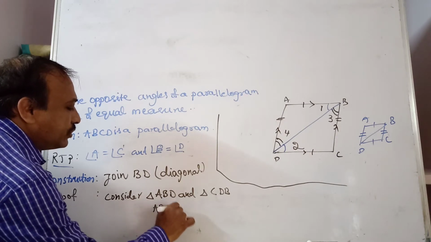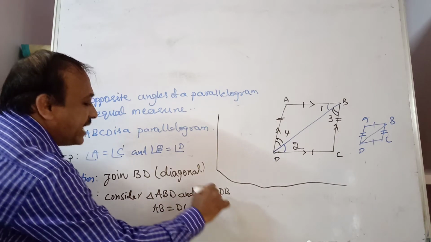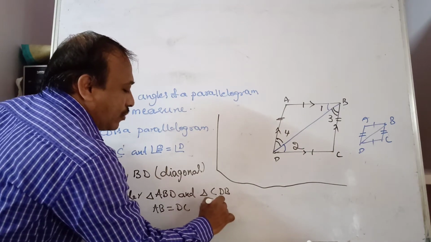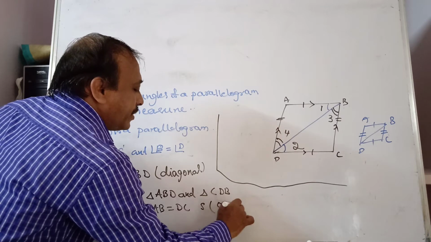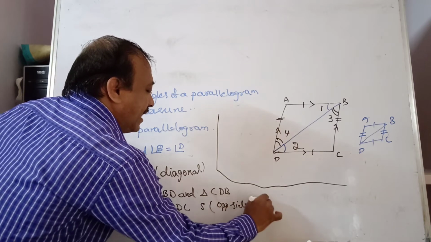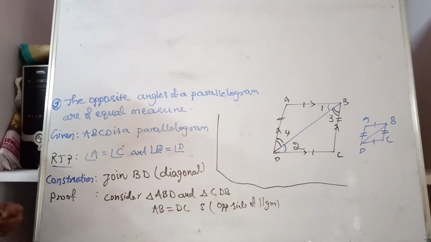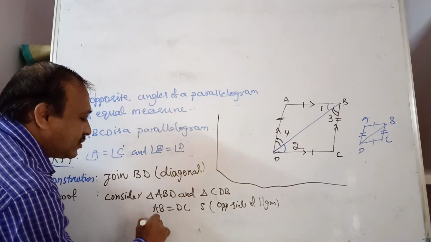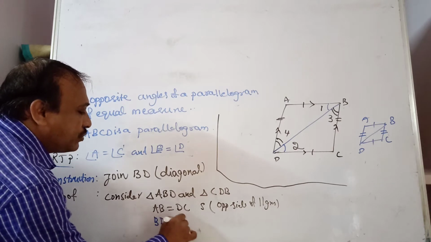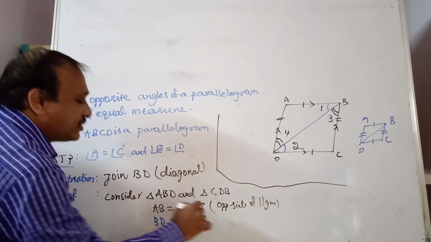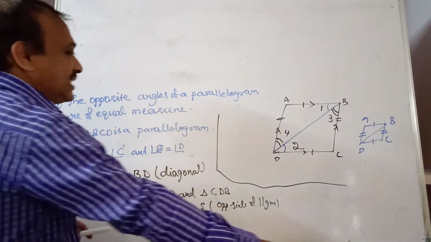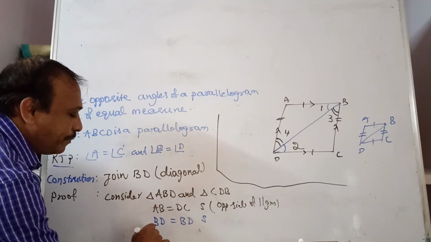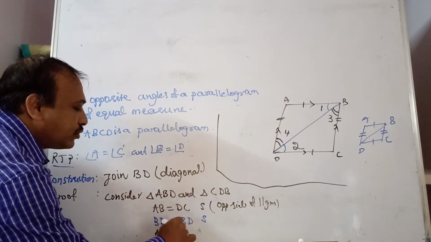These are the sides because just now we proved opposite sides of a parallelogram are equal. Next, BD is the common side, so BD is equal to BD. Next, one more pair, that is AD is equal to BC.